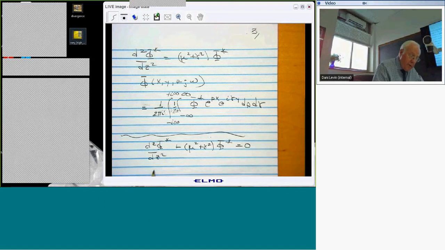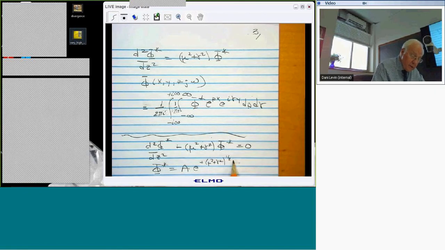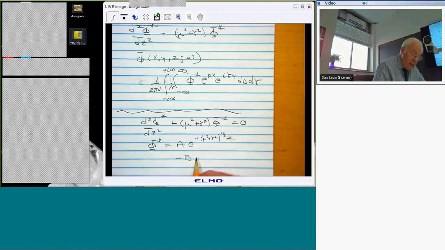Well, phi star, naively, is a e to the plus square root of mu squared plus gamma squared times z, it's a small z, of course, plus b e to the minus mu squared plus gamma squared to the 1/2 times z. Okay?